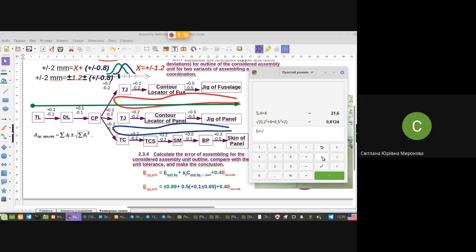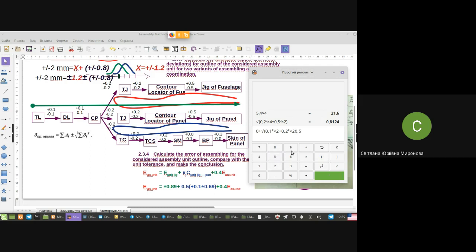Square root from 0.1. 0.1 in square. How many times? I see it twice here and there. Multiply it, plus the next value 0.2 and 0.2. 0.2 square multiplied, plus, and until we pass all the chain, 0.5. 0.5.